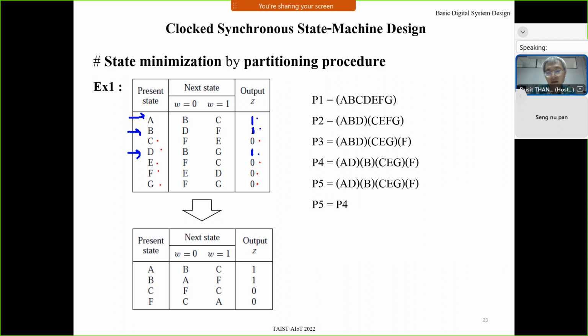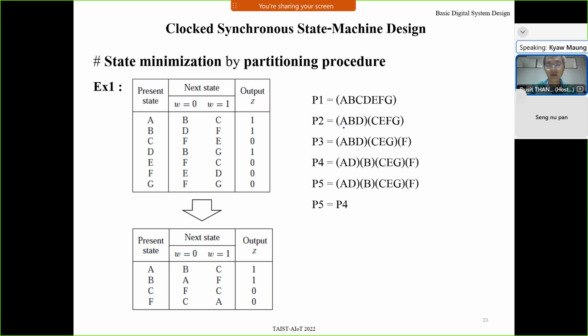That means A, B, D cannot be equivalent to C or E or F or G, because they have different output values. Equivalent states must have the same output, but now it's different. So I can separate A, B, D from C, E, F, G. That's the step from P1 to P2.